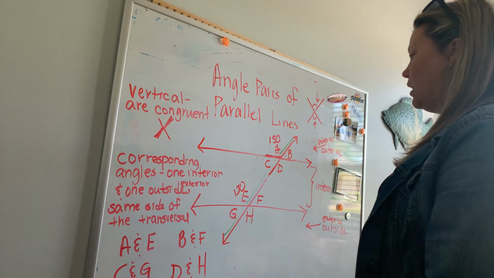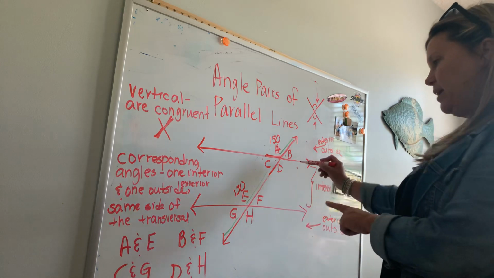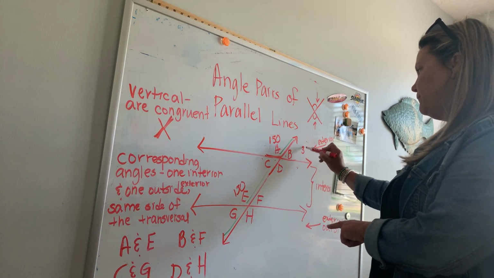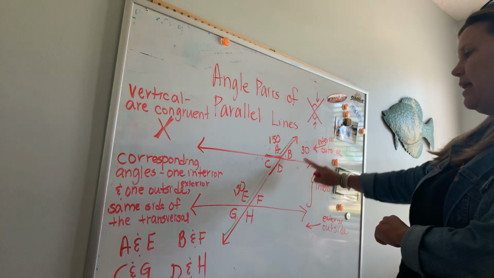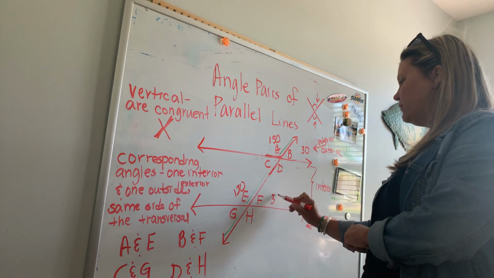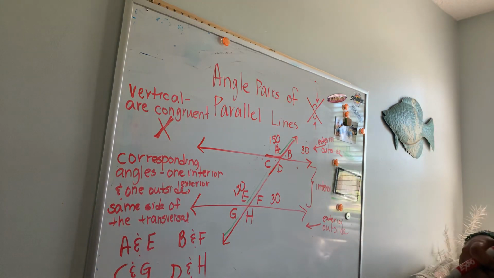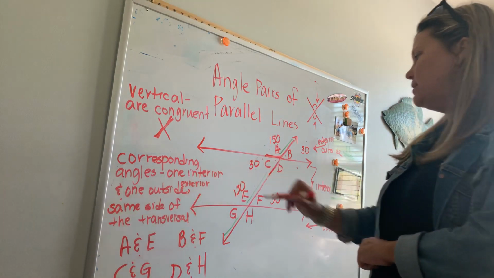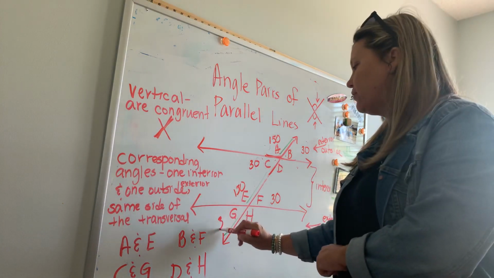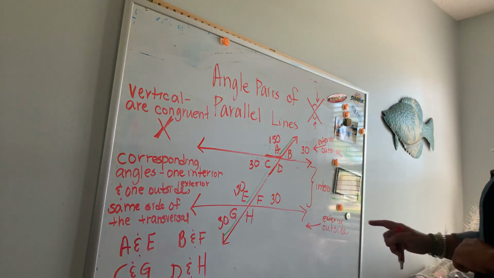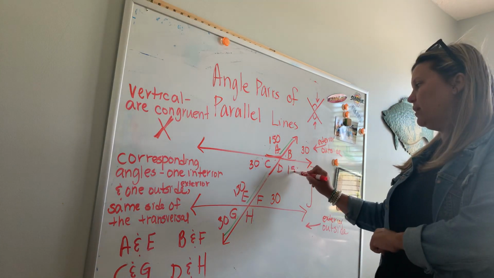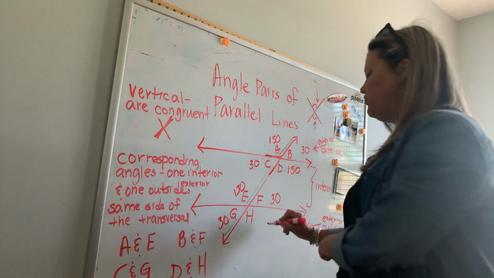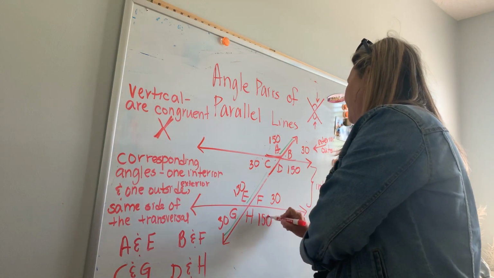And so if B was 30 degrees, then F is also 30 degrees. And if I know angle C is 30 degrees, then G is also 30 degrees. And if I know that D is 150 degrees, then H is also 150 degrees.